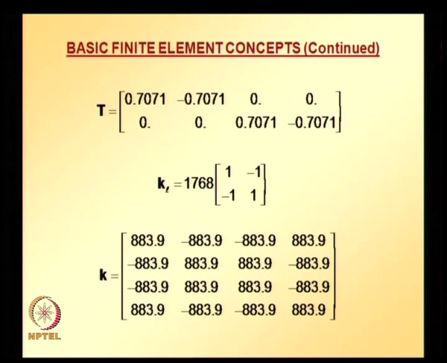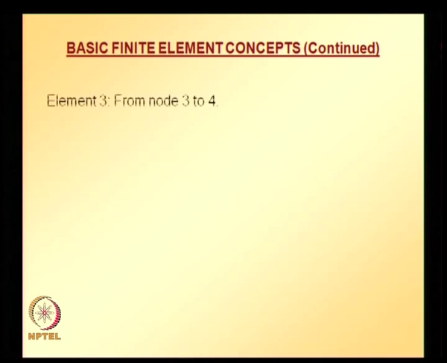Next is element 3. For element 3, local node 1 is global node 3, local node 2 is global node 4, and element 3 is going from node 3 to node 4.